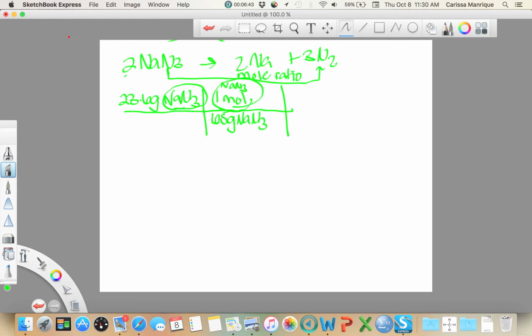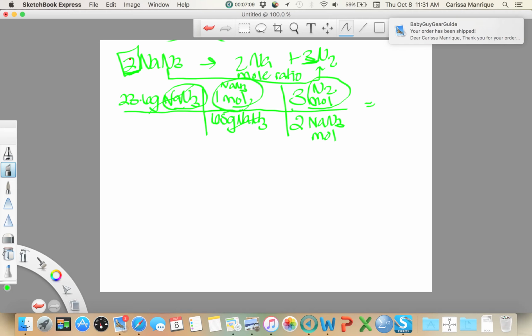Remember, the mole conversion is going to use the stoichiometric numbers here, so it'll be 2 moles NaN3 for every 3 moles of nitrogen. Now, do you see here we have moles of nitrogen, so we just stop there. So we cancel out grams of NaN3 and moles of NaN3 to leave you with moles of N2.